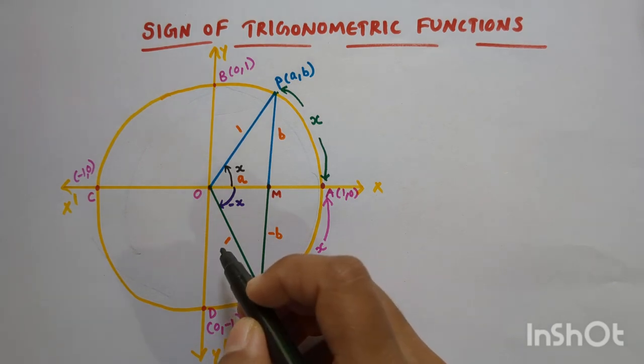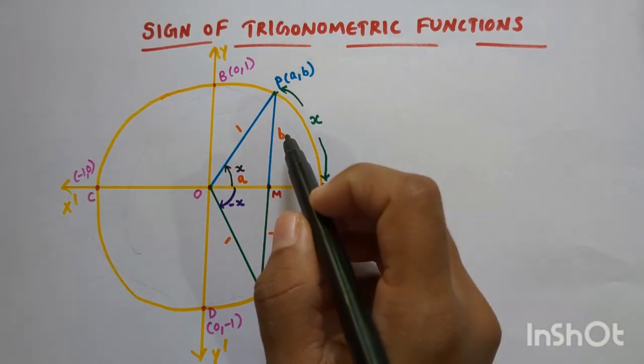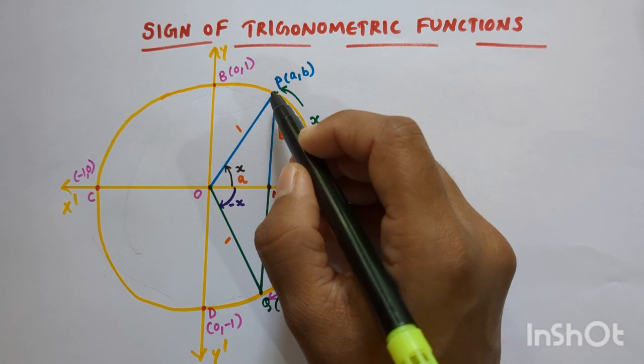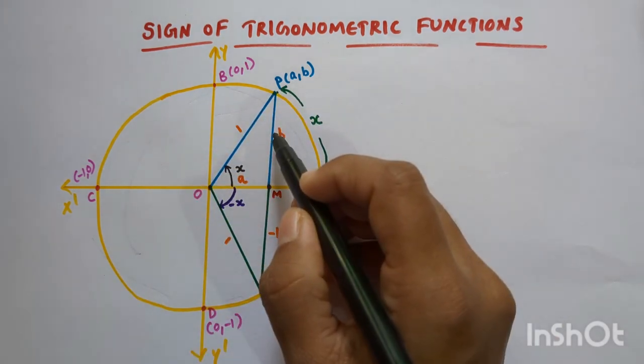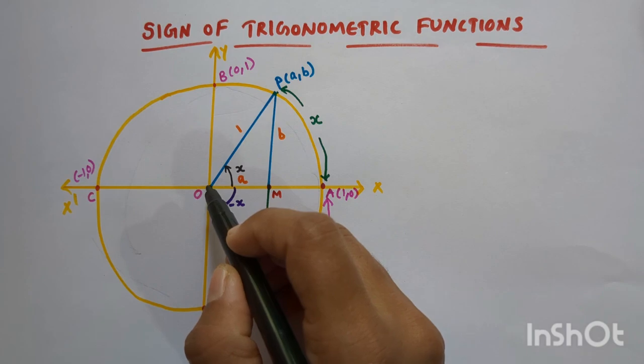Here I have considered a unit circle and a point P with coordinates (A, B) on this unit circle with center at the origin.